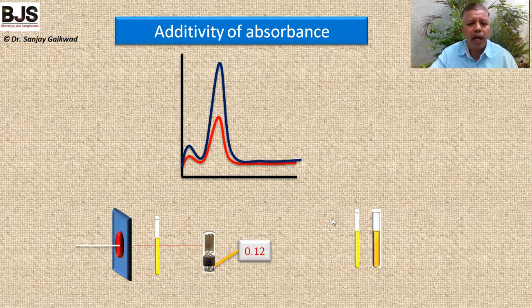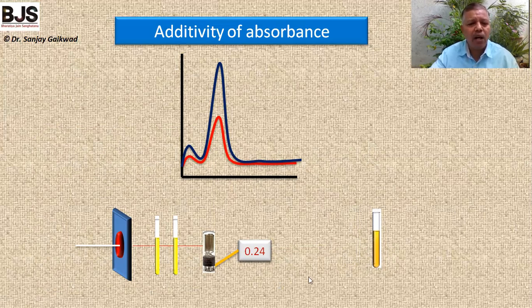Now when we add the same solution two times, or double the concentration, the absorbance observed in the instrument is 0.24. Therefore, with two solutions, the absorbance becomes double. Therefore, the absorbance gets added.